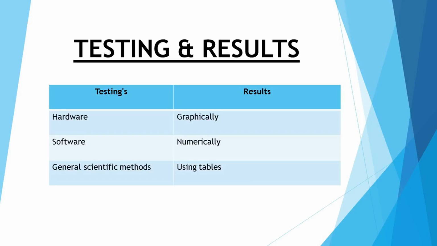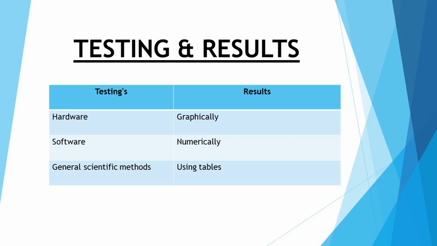And once you are done with your implementation part, you have to write about the testing and results. Now in the testing, what you have to do is explain how you're gonna test your hardware, how you're gonna test your software, using any general scientific method. It depends.